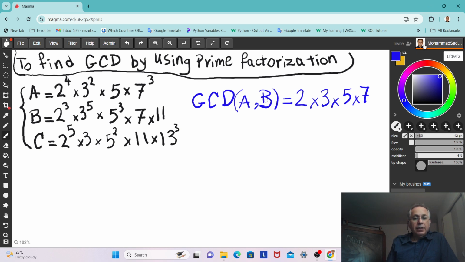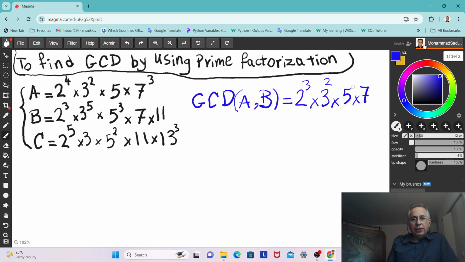As I said, the third step is recognizing the least exponent. The least exponent for 2 between A and B is 3. For 3 it is 2. For 5 it is 1. And for 7 it is 1.